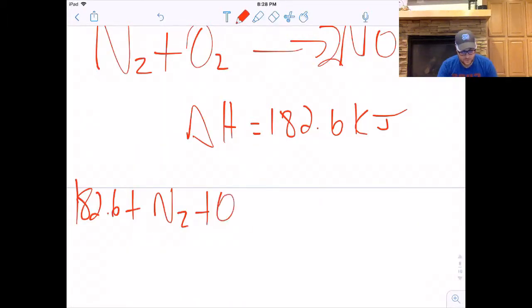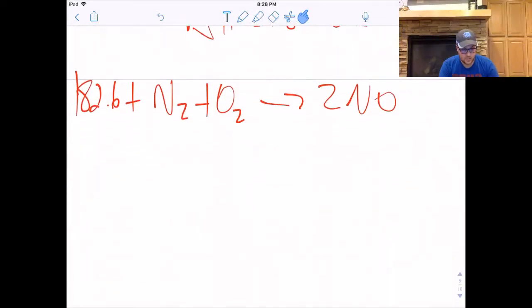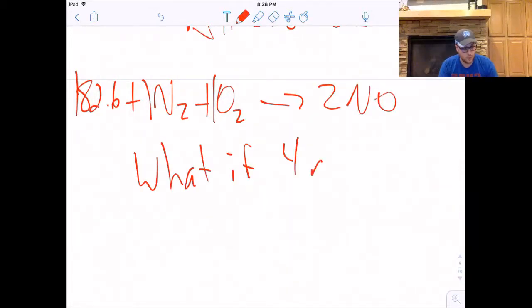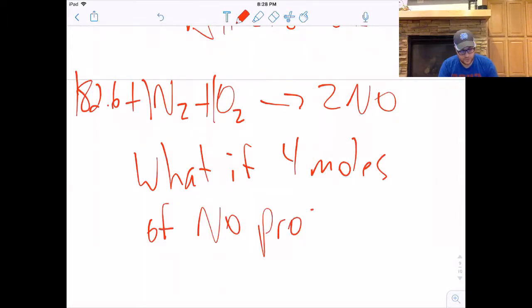Now, sometimes they will change these ratios here. So right now this is a 1 to 1 to 2 ratio. Some questions would ask, what if 4 moles of NO was produced? So what if this reaction proceeded as normal and it produced 4 moles of NO instead of 2? Well, you just have to scale everything up proportionally. Going from 2NO to 4NO is a multiple of 2.